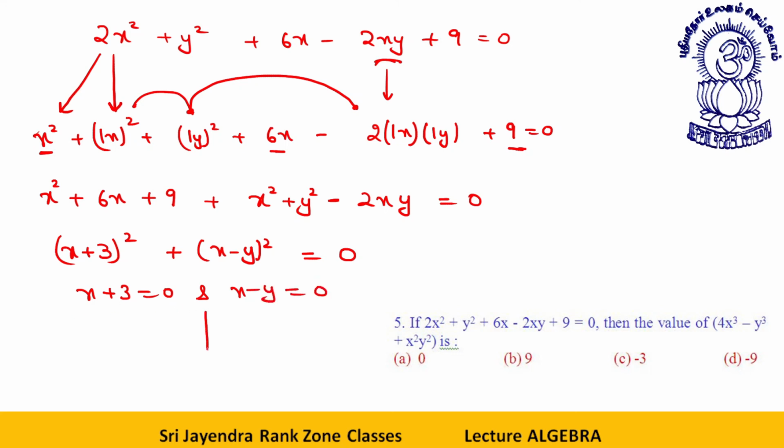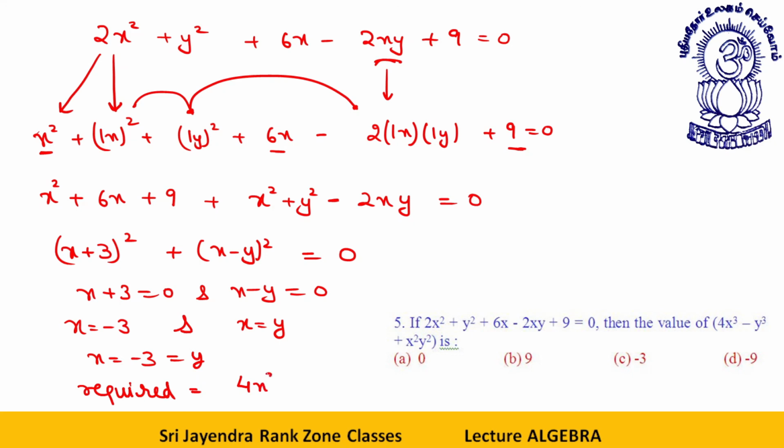The moment I get x plus 3 is equal to 0, what can I say? X is equal to minus 3. From here I can say x is equal to y. So x is equal to minus 3 is equal to y. Now what is required?